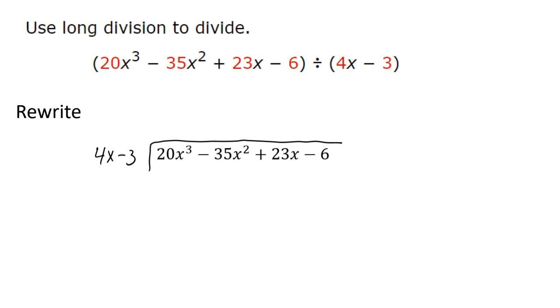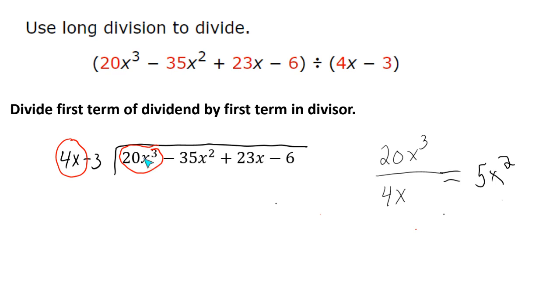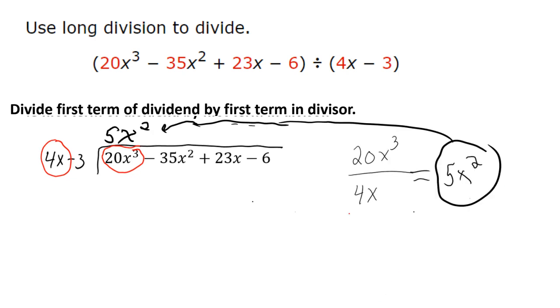We want to make sure that they're in descending powers, so we have a 3, a 2, a 1, and then the constant. We take the first term, 20x cubed, and divide it by the first term of our divisor, 4x. If we divide this, we get 5x squared. That's going to be our first term here.